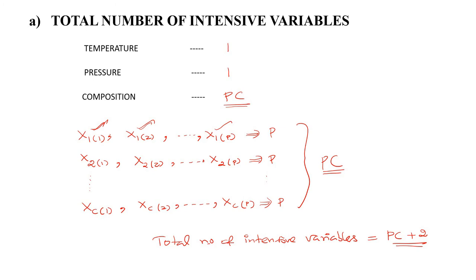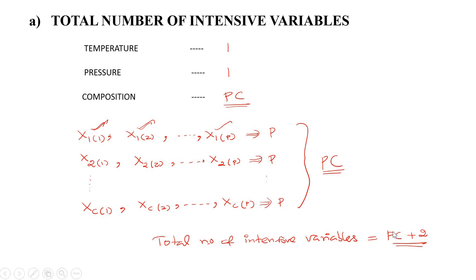But as I told you in the last lecture, these variables are related to each other by some equations. By relating the variables with some equations, we need not specify some of the variables, or we need not consider some of the variables, to specify the state of the system.